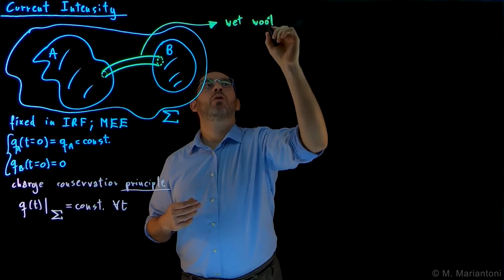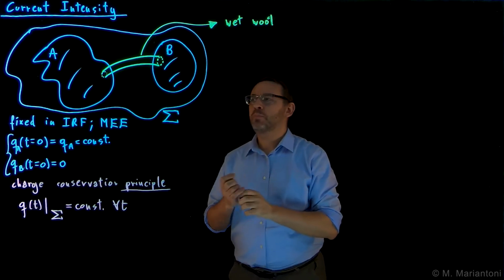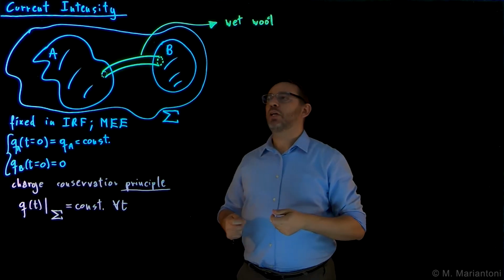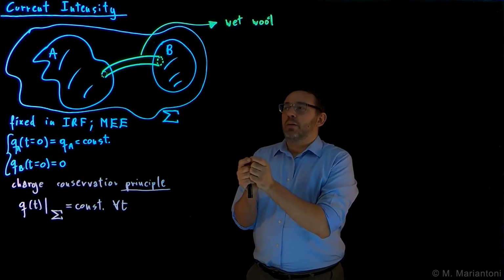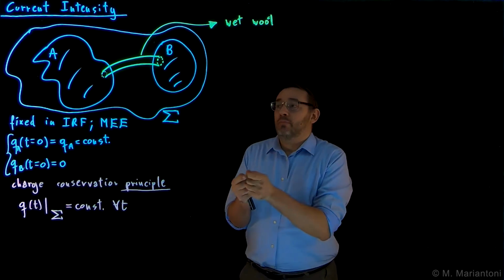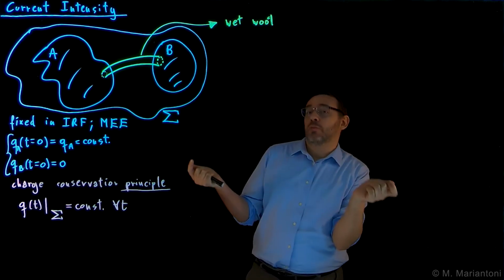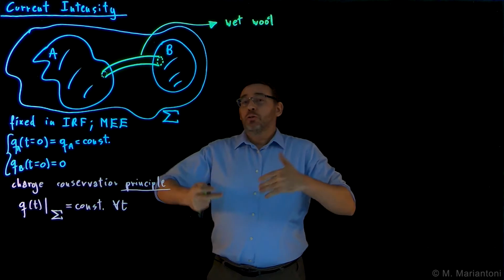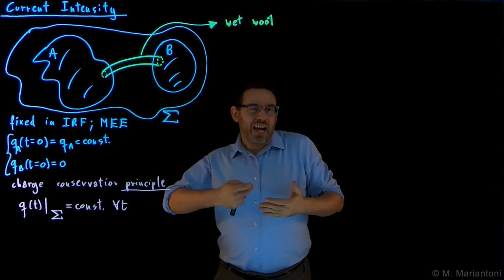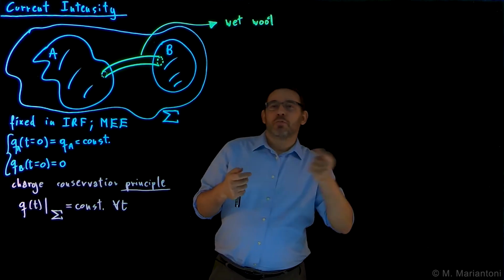Why did they want to use a wet wool thread? Because by soaking in water, the thread contains ions, that is charges, which are free to move over the thread.